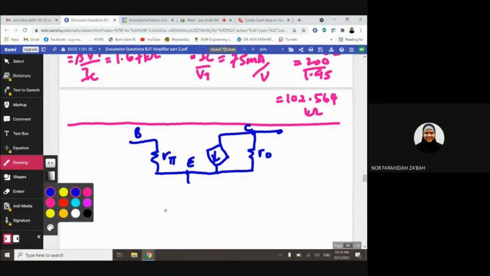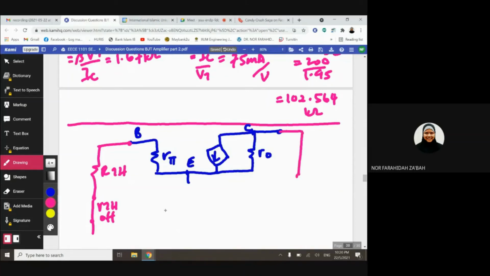So let's connect the other parts. RTH is my VTH off. And C is directly connected to VCC, it's my VCC off, ground. E has RE and then straight to ground, and my V out is measured at the emitter terminal.